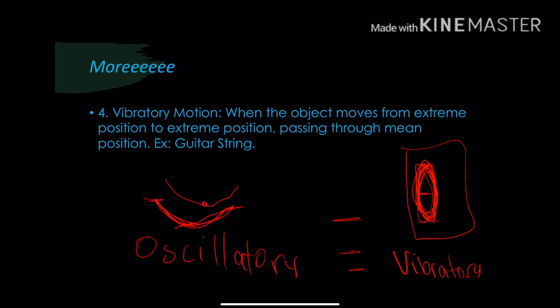And in vibratory motion, when an object is at its extreme position, and it's getting pulled back down to its other extreme position, the speed is the greatest.